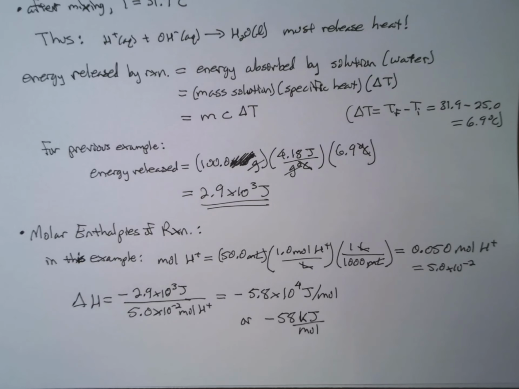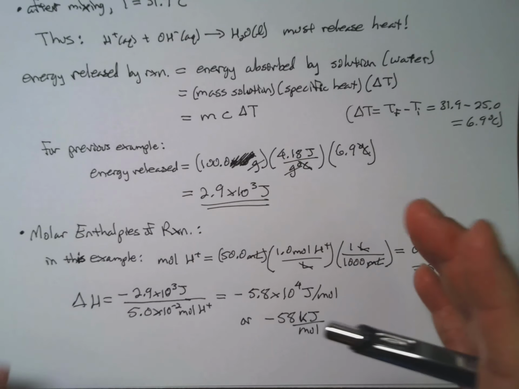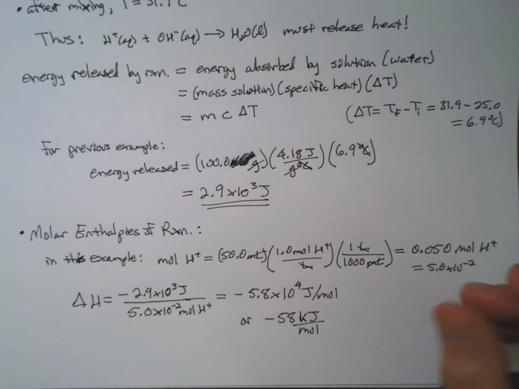Now we can also look at constant volume calorimetry where no work is done, and this is that bomb calorimeter that I talked about. In this case, the reactants are placed inside a well-insulated container called a bomb and ignited.